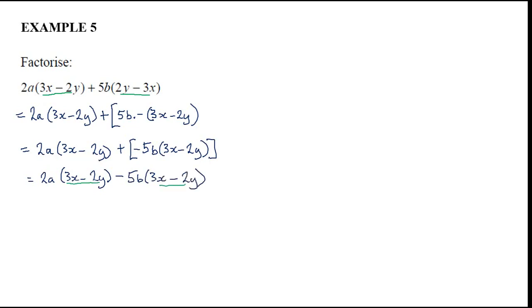You can see this is now a common factor, and then we take out the common factor here. So this is now 3x minus 2y outside the first bracket, and if I divide it into this whole term, you're going to have 2a there, and if I divide it into this whole term, there's a negative here, we're going to have 5b. And that one is fully factorized.